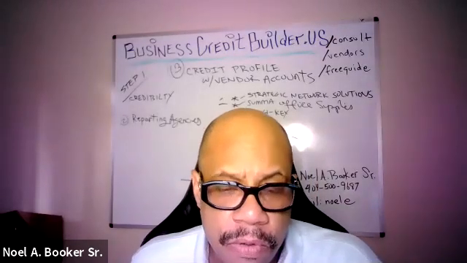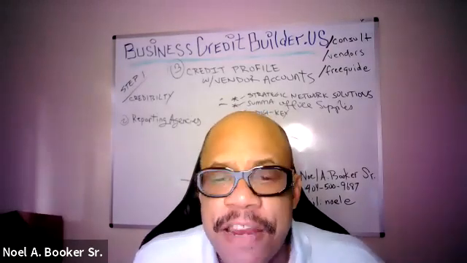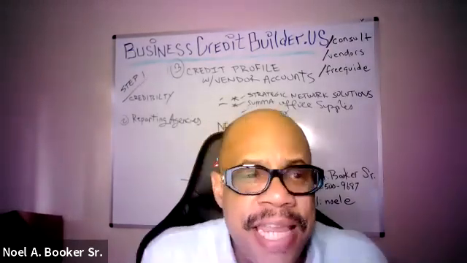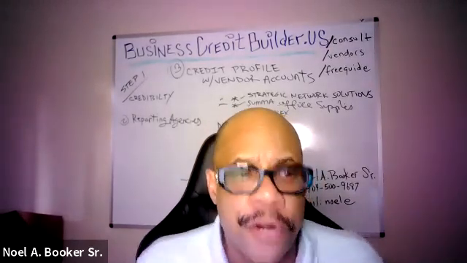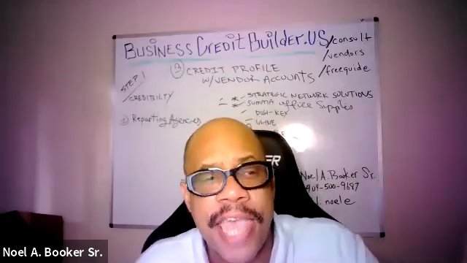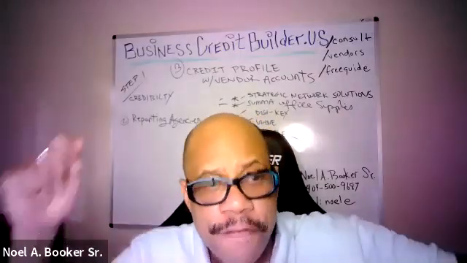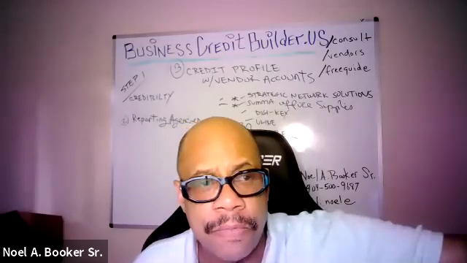Right. So when you go to the next step, because each step is needed for the next step, this is a needed step to get these net 30s. The idea here is to get 5 net 30 accounts on your credit report, which means you're going to buy an item from 5 different companies that's $50 or more, and you're going to pay for it on time.